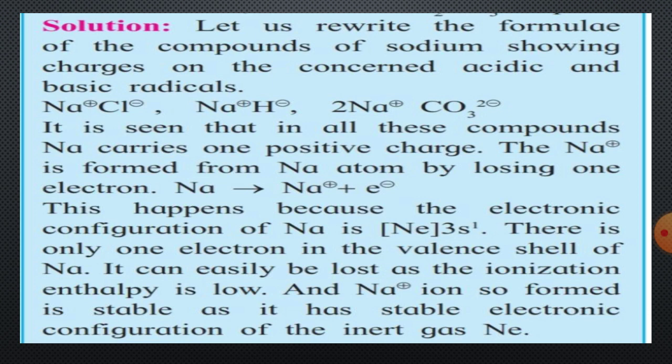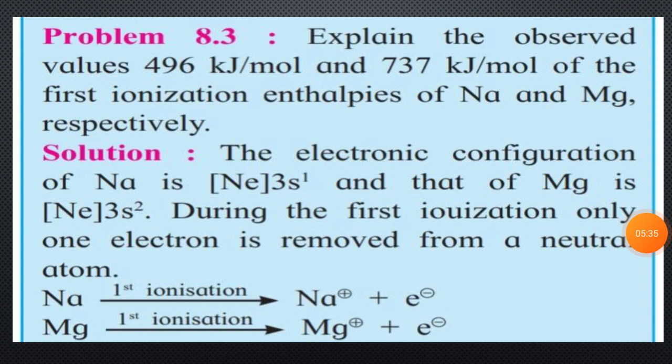So here you see there is only one electron in the valence shell of the sodium atom. Okay, how many electrons are present in the valence shell, meaning the outermost shell? Only one electron is present. So it can easily lose one electron, as the ionization enthalpy of the sodium atom is low. Okay, here the ionization enthalpy is also low.